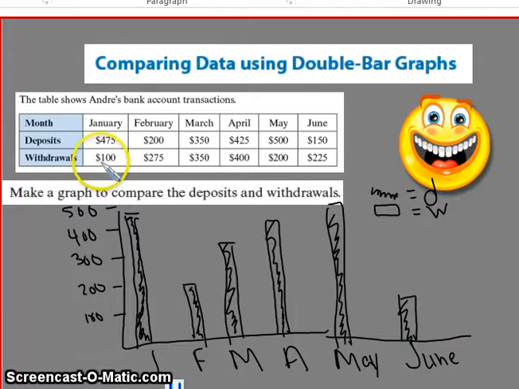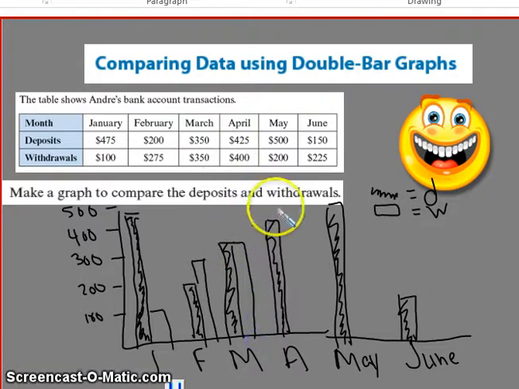Alright, now let's look at withdrawals. In January, $100 was his withdrawal, so right there, even at 100, and I don't have to color that one in. $275 in February, so about right there. $350 in March, so halfway between, same place as the other one.